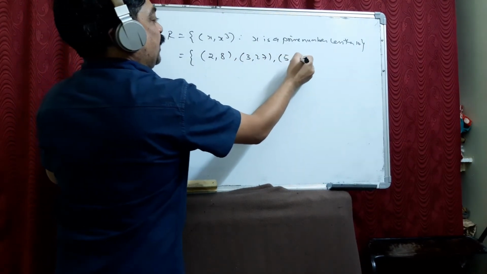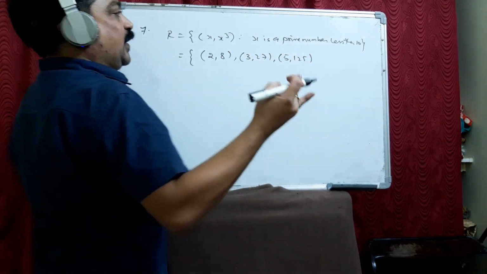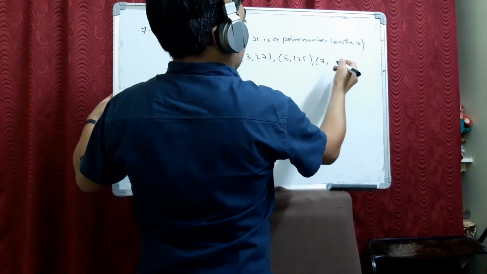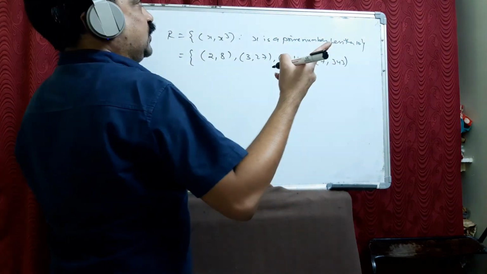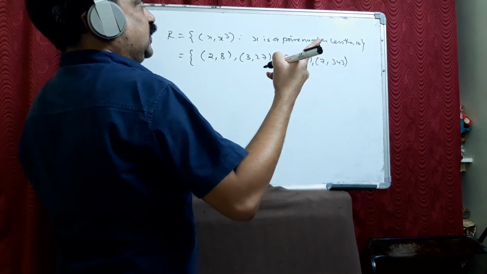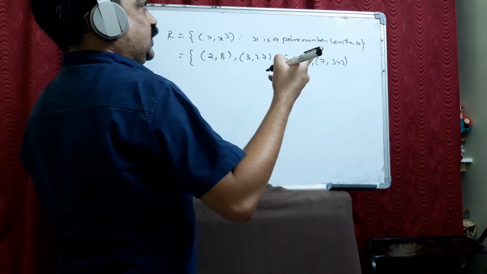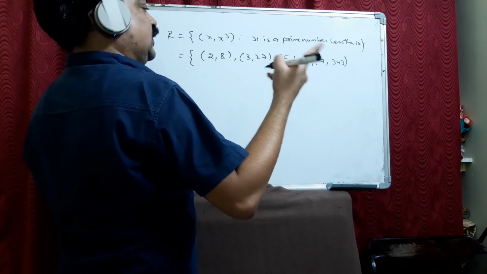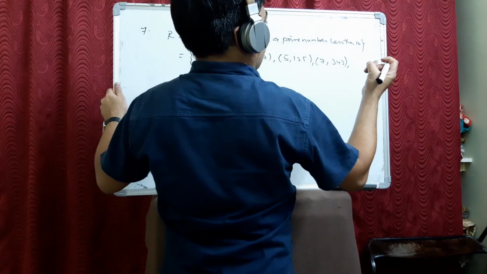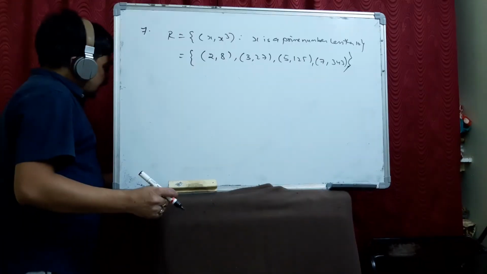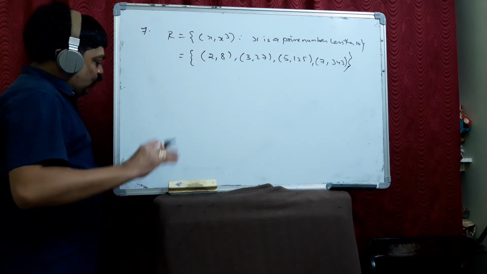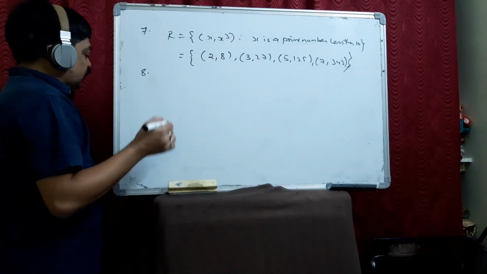Next 5 is a prime number, 125. 6 is not a prime. 7 is a prime number, 343. Next 8 is not a prime, 9 is not a prime. That's it. So this is the set that we can write. In this, did they ask us to find domain and range? No, only roster form.